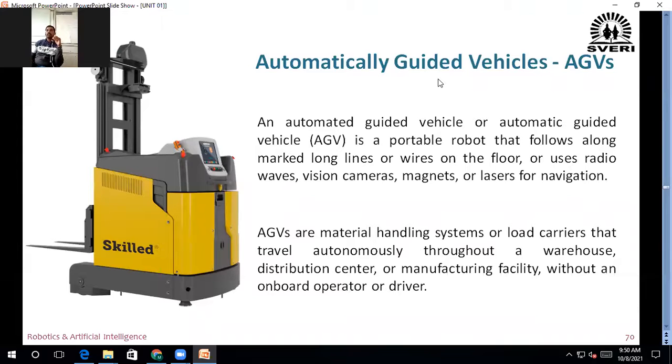An automatic guided vehicle, or automatic guided vehicles, is a portable robot that follows along a marked long line or a wire on the floor, or uses radio waves, vision camera, magnets, laser for navigation. Means we can say that generally automatic guided vehicle, the name itself simplifies.